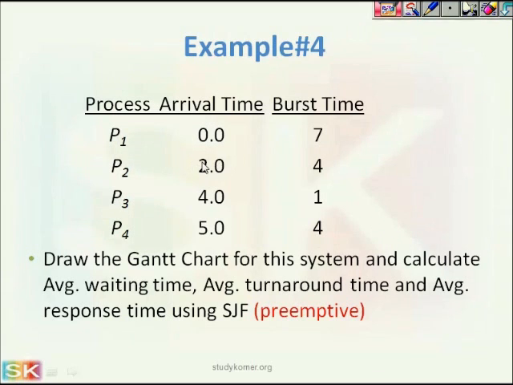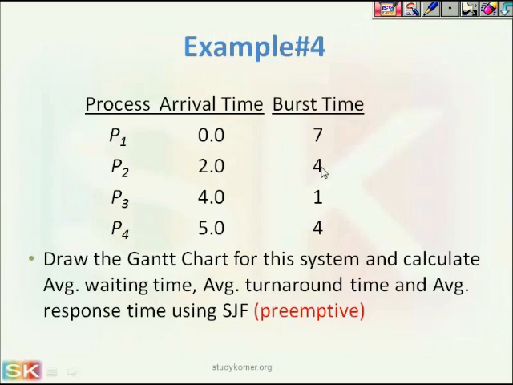At 2.0 process P2 was submitted, right, which has burst time 4, and at time 2 P1's left burst time is 5 seconds because 2 seconds it has completed, so the remaining is 5 seconds.